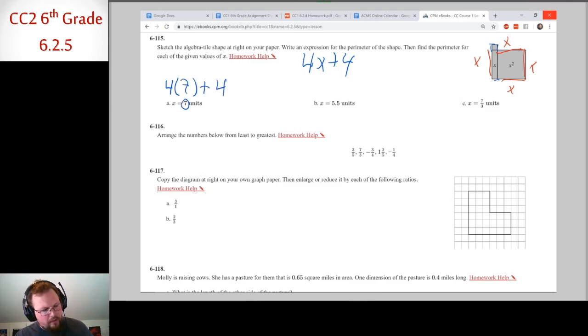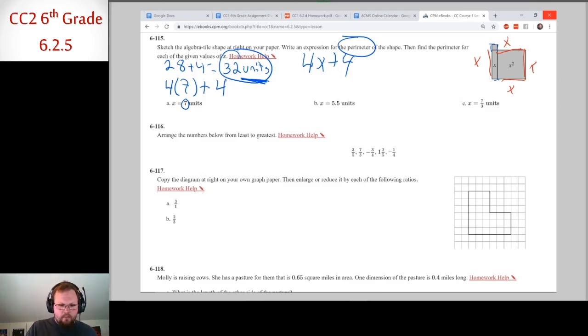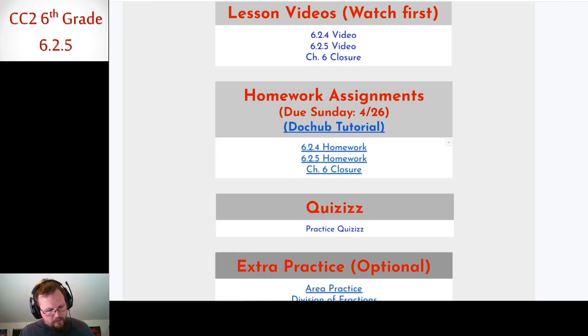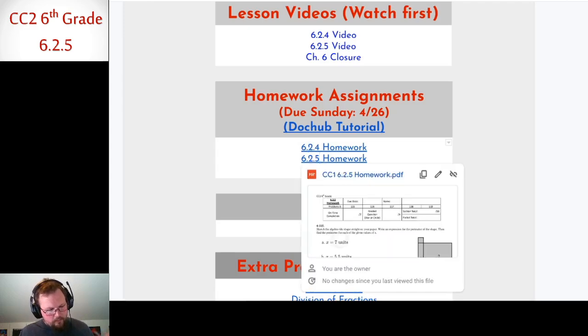Pop the 7 in there, get 28 plus 4, which is 32 units. And again, we're dealing with perimeter, so my answers are in units, not in units squared. So I just would like to have that there for you to go over.